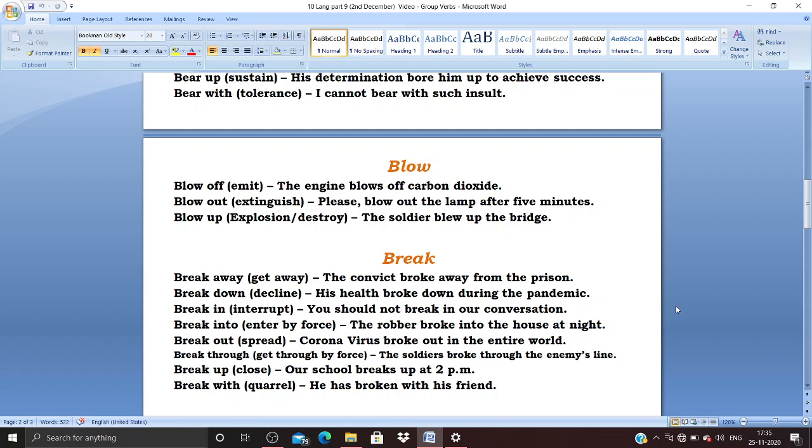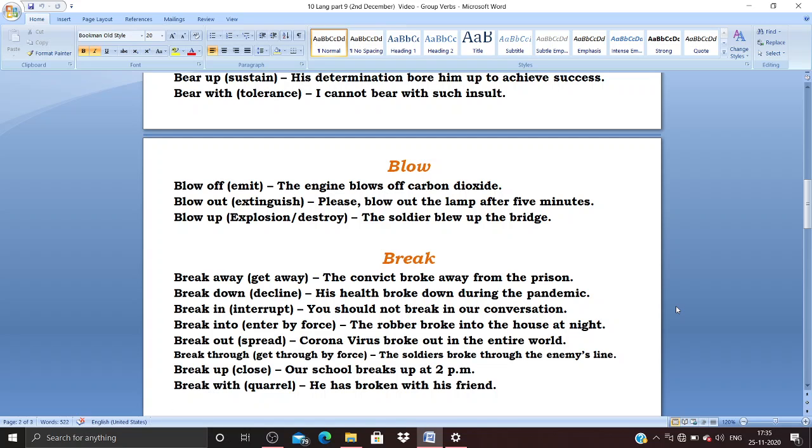Point to be noted. There is a word called breakthrough, but that's together. The scientist made a breakthrough. That breakthrough is one word. But here break and through are two different words. That's why it's a phrasal verb. Again, I draw your attention. You must be thinking, what is this breakthrough? I have got a different meaning. Yes, that is true. Now you will make a breakthrough if you understand the real meaning of the word.